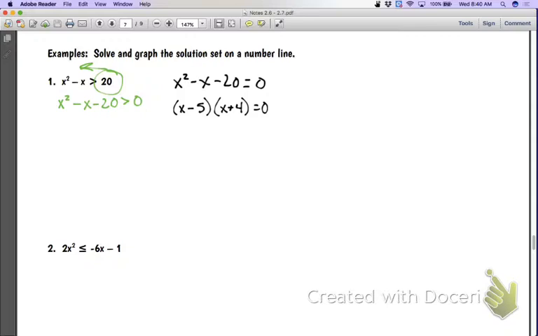So then what are my two boundary points? 5 and negative 4. So in terms of my intervals, I have two boundary points, so that means I'm going to have 3 intervals. Does that make sense?